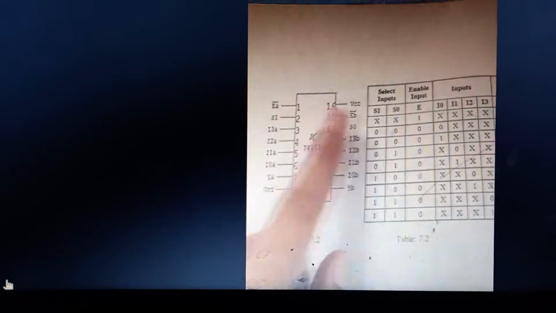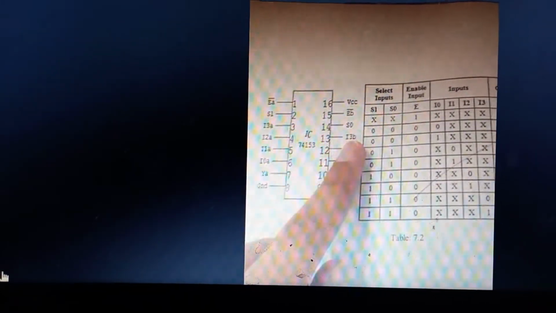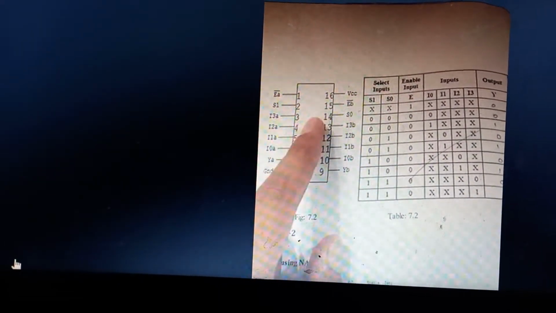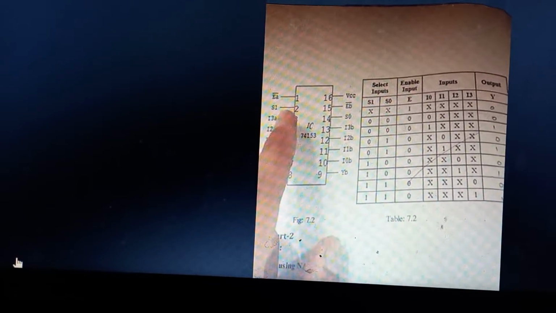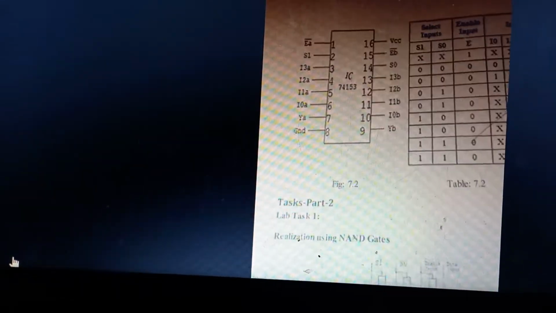You can use either multiplexer A or multiplexer B for your experiment, but be sure that both multiplexers in this IC have the same selection switches. S0 and S1 can be used for both multiplexers because this IC has two identical 4 into 1 muxes.